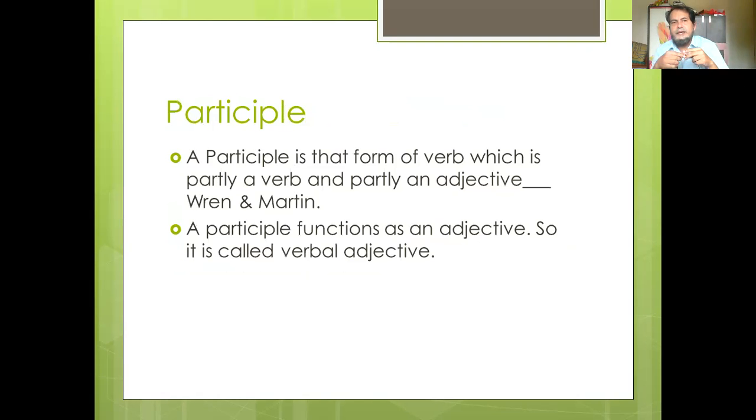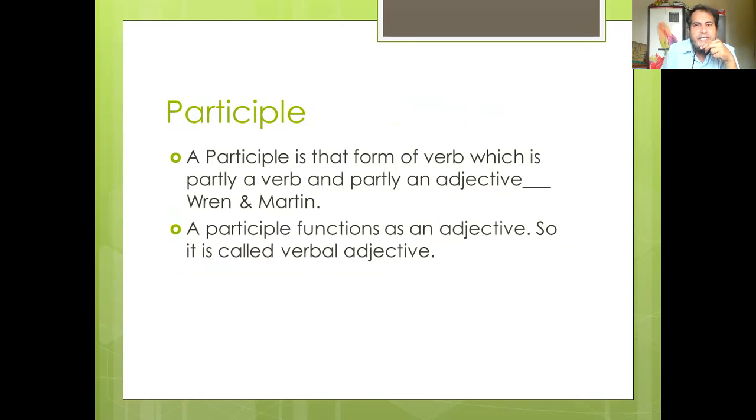So up to this, we have discussed the various functions of gerund and how it is used in our everyday spoken and written English.